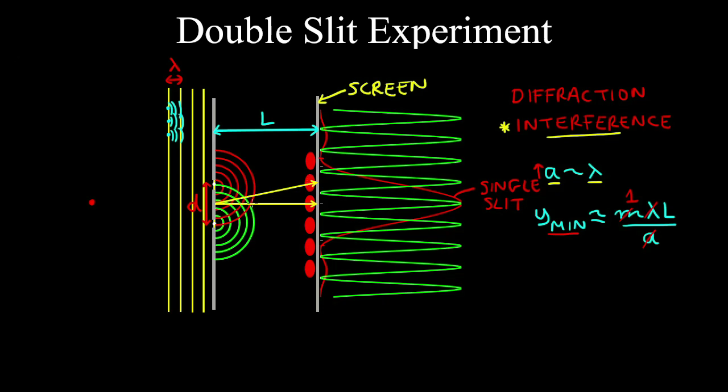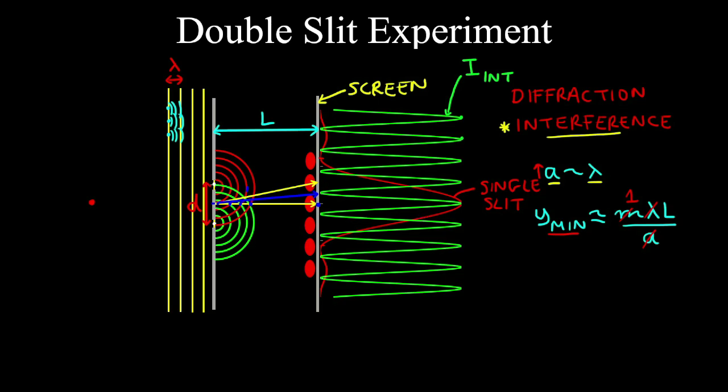When the crests of the two waves line up, that's constructive interference, so that gives a bright spot in the middle of the screen, opposite the middle of the slits, and between those points we have the peak of one wavefront interfering with the trough of the other, and therefore that gives dark bands on the screen between those bright bands. And this is the plot of intensity due to the interference between those two waves, which has a constant amplitude, as we can see.